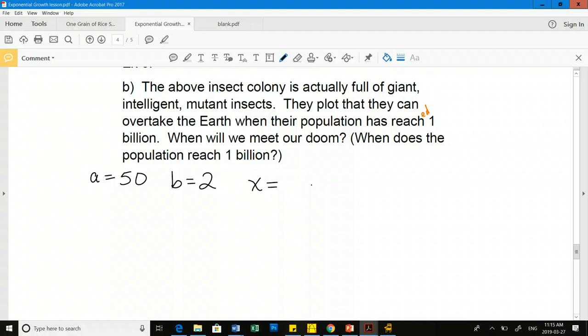I don't know the total time that it's going to take for that population to reach 1 billion, right? So I have the total time over that growth rate. It took 3 days to double. My total time is my unknown in this scenario because I want to know how much time it takes for us to get to 1 billion. And my future value is 1 billion. That's 9 zeros.